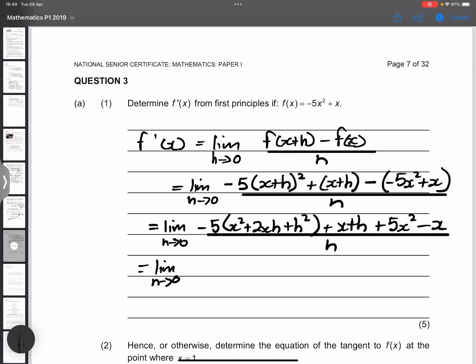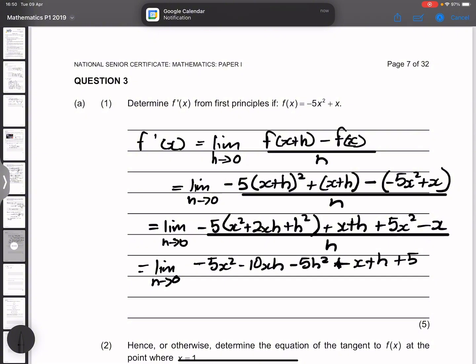Now if we multiply that entire thing, we've got minus 5x squared minus 10xh minus 5h squared, plus x plus h plus 5x squared minus x.